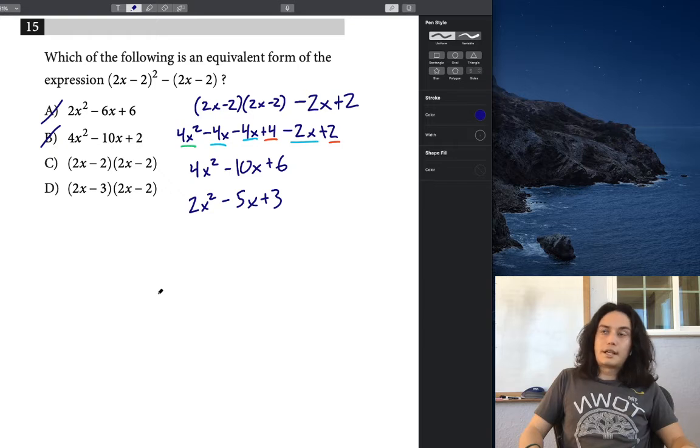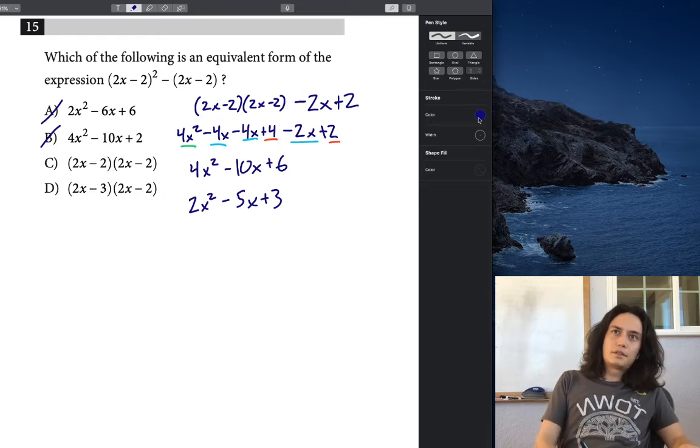I guess actually you can just fully get there looking more closely at C by realizing that answer choice C is the same. It's just this part. 2x minus 2 times 2x minus 2. It's this part.